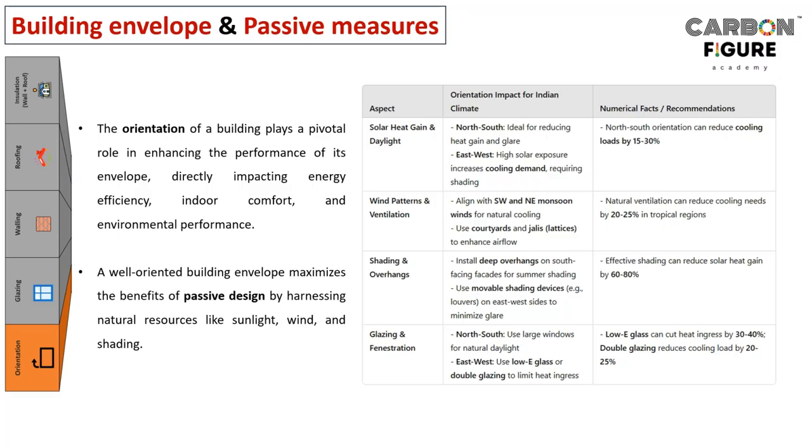Then wind patterns and ventilation. When your building is aligned with southwest and northeast monsoon winds, natural cooling will be better, right? Use courtyards and jallis, sometimes called lattices, to enhance airflow. A courtyard, from the top view of the building, is an opening you can see, which might be at the center or some corner of the building.